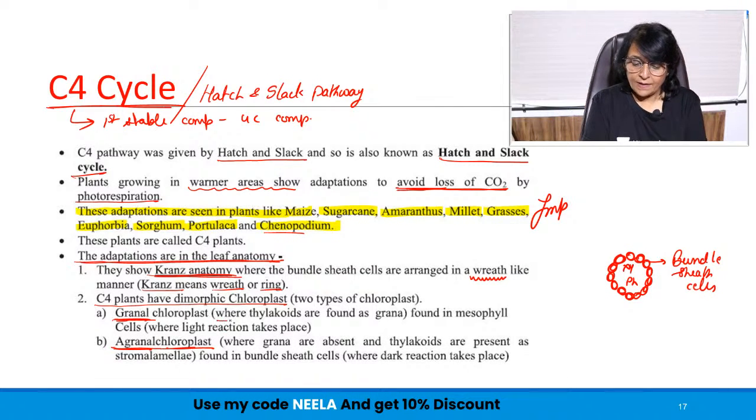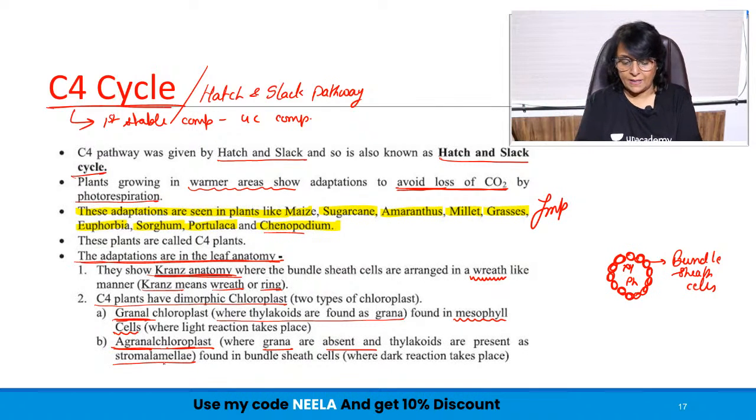So where thylakoids are found in grana, that is granule, these are found in mesophyll cells. And agranule, where grana are absent and thylakoids are present as stroma lamellae, just single membranes, are found in bundle sheath cells.